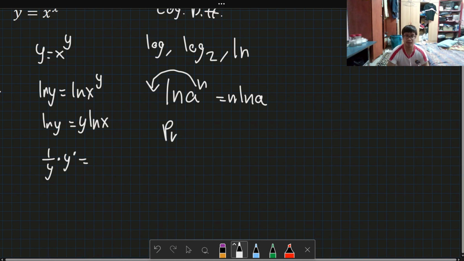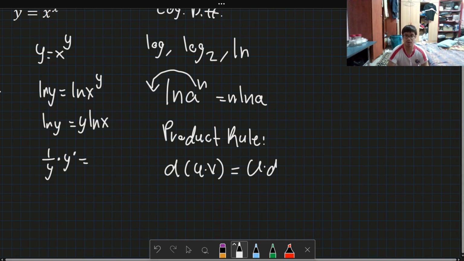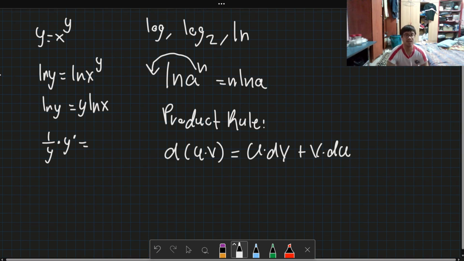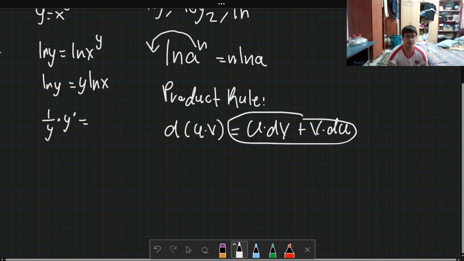Remember that in the product rule, suppose you have two functions stuck together, u and v, and you want to get the derivative of u times v. The result would be u dv plus v du. Basically, this is the formula of the product rule.